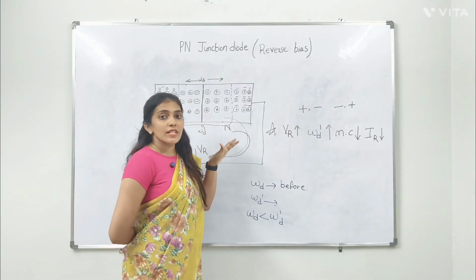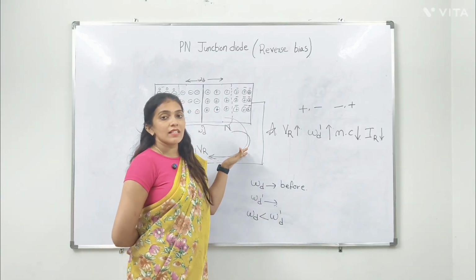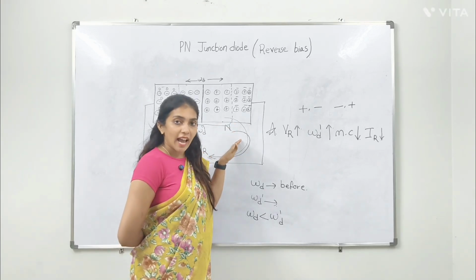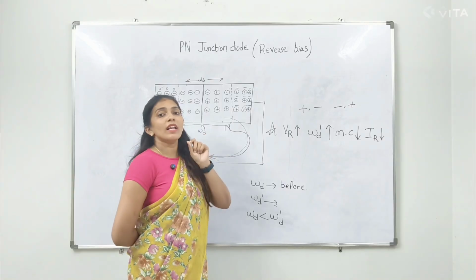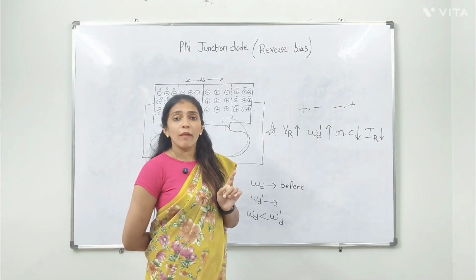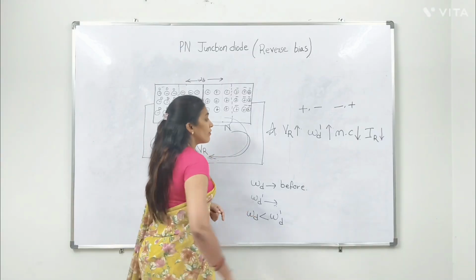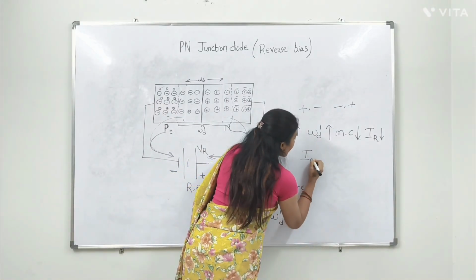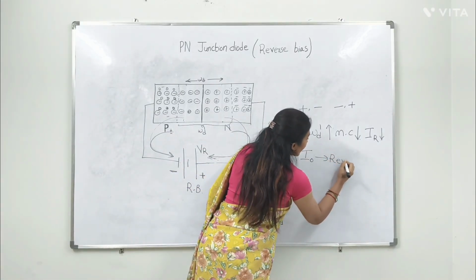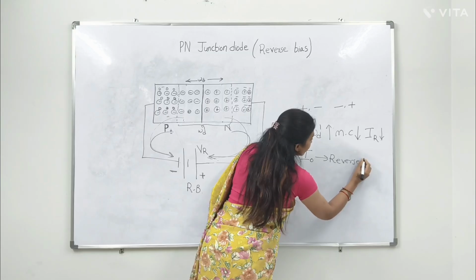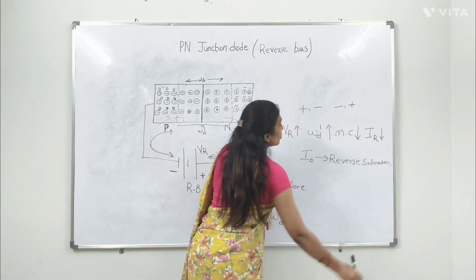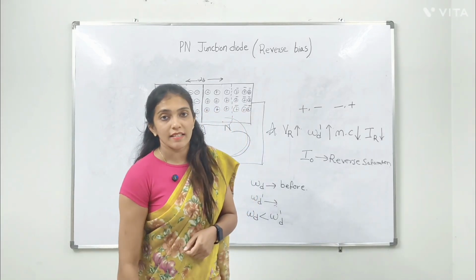Theoretically, when the diode is in reverse bias condition, the current level is 0. But practically, due to minority charge carriers, we get a small amount of current. That is called reverse saturation current. This reverse saturation current is due to minority charge carriers.